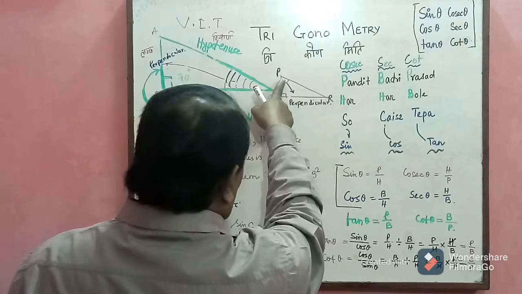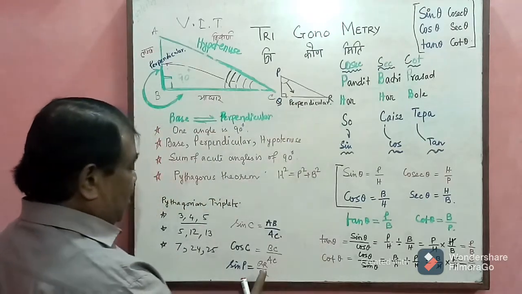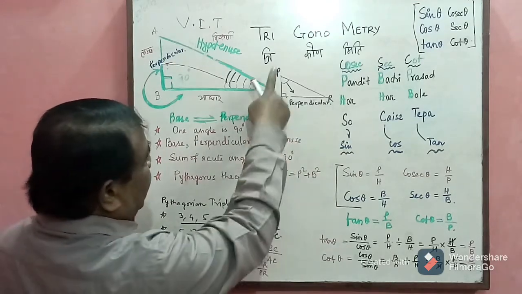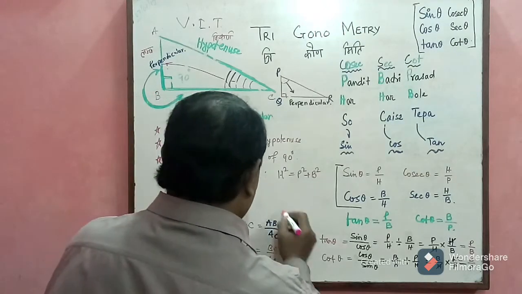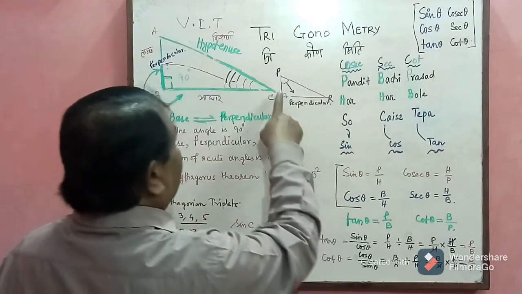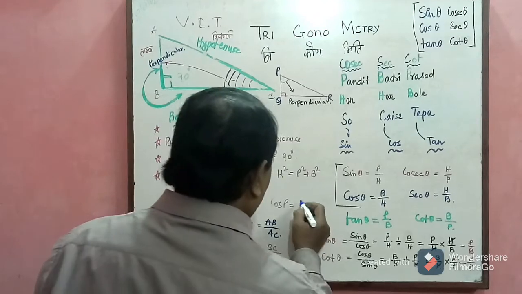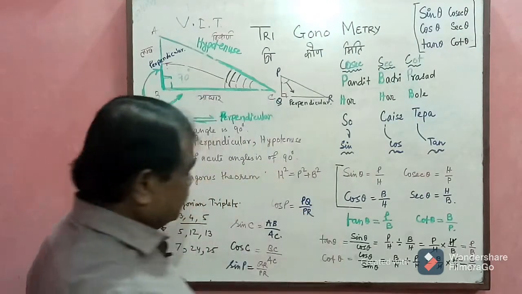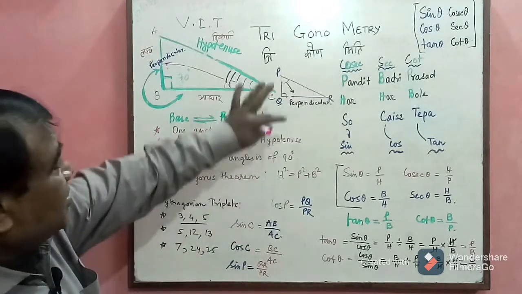Because opposite to angle P is QR, and PR is the hypotenuse. Accordingly, if I say cos P, this will be PQ upon PR. This is the general concept.